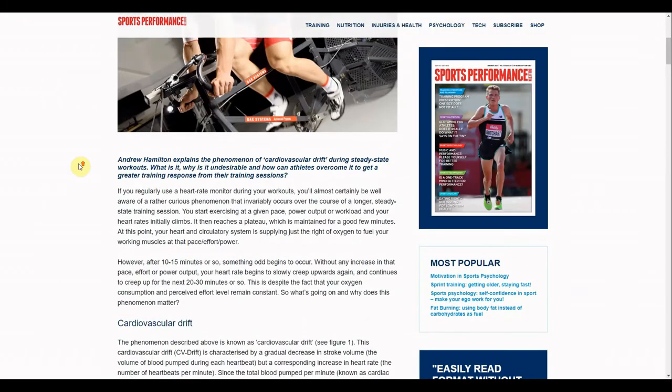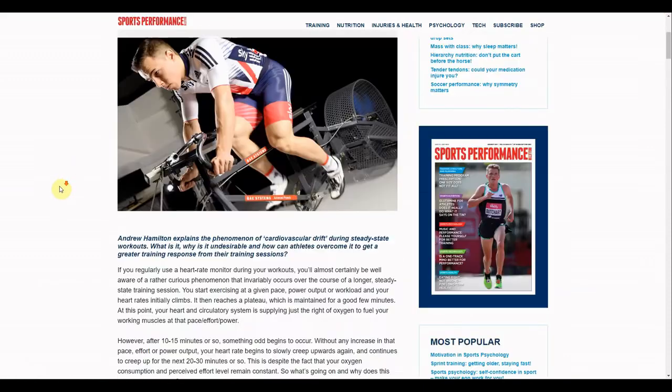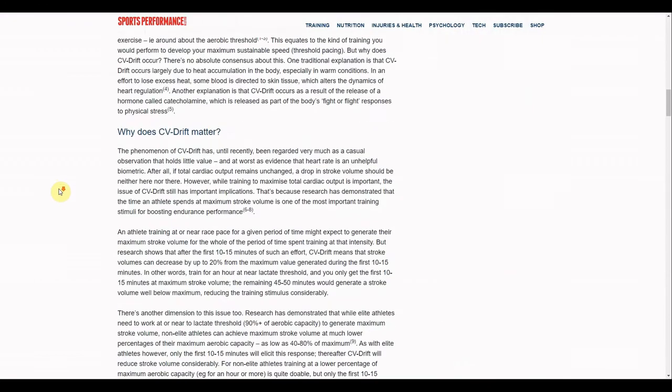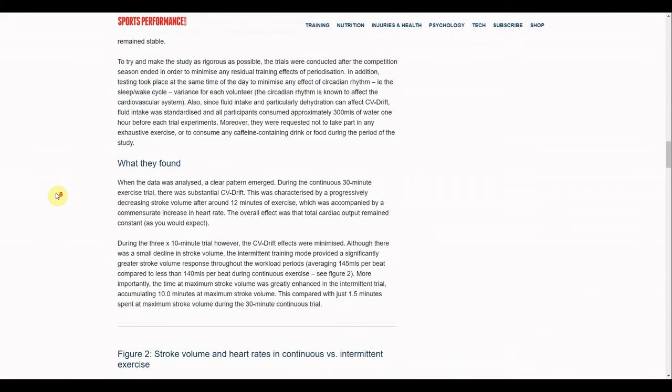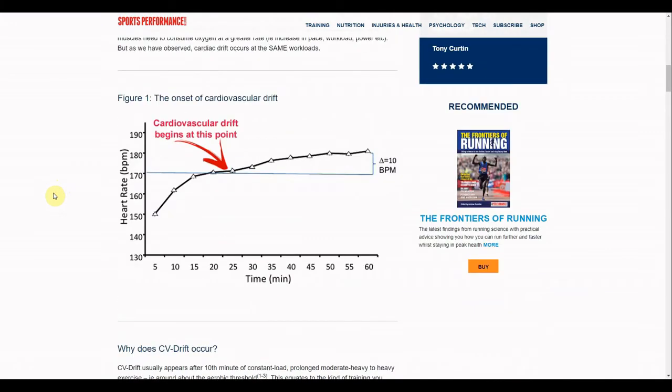Anyway, an interesting take on all of that I found here, I'll put the link in the description as well, is maybe what we should do, at least sometimes, is split our workout, even if they are aerobic ones.